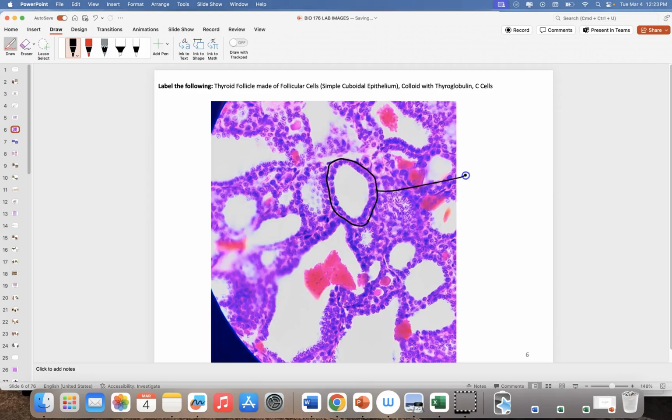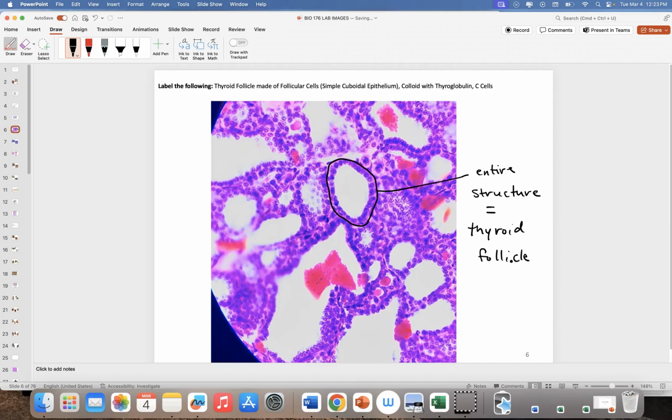Now this entire structure that I've circled is going to be the thyroid follicle. And again, we can see that there are several of them on this histological image.